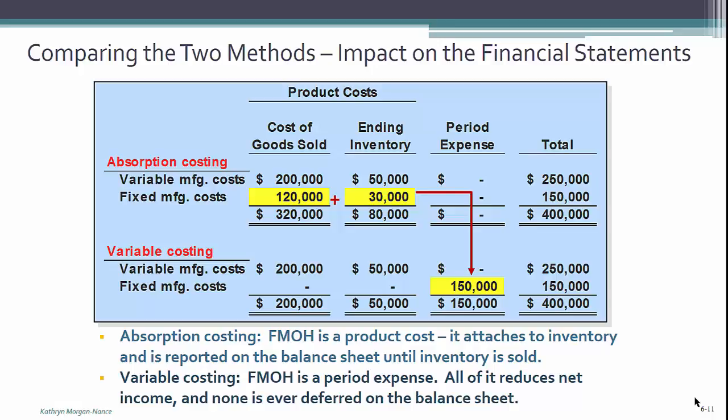However, under absorption costing, the fixed manufacturing overhead is located in two accounts. $120,000 is accounted for as an expense in cost of goods sold, and $30,000 is deferred in ending inventory as an asset on the balance sheet. As a result, the variable costing ending inventory is $30,000 less than under absorption costing, and net income is also lower by the same amount.